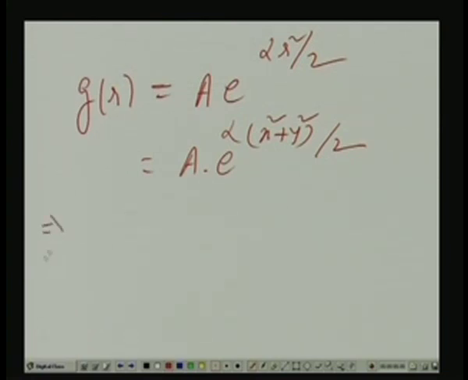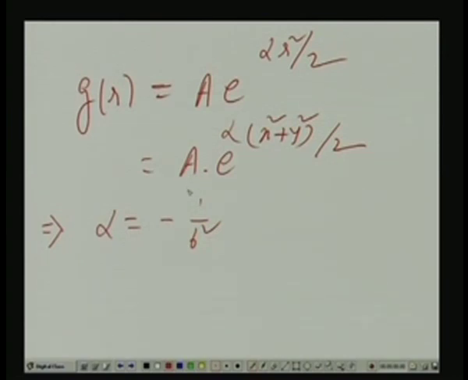You can easily see that x and y are Gaussian, because the dependence is in this exponential form, with the power of 2 and the exponential of that coming. So, alpha is obviously minus 1 by sigma square. So, alpha actually is a negative quantity, 1 by sigma square, and individual densities. And what is capital A?